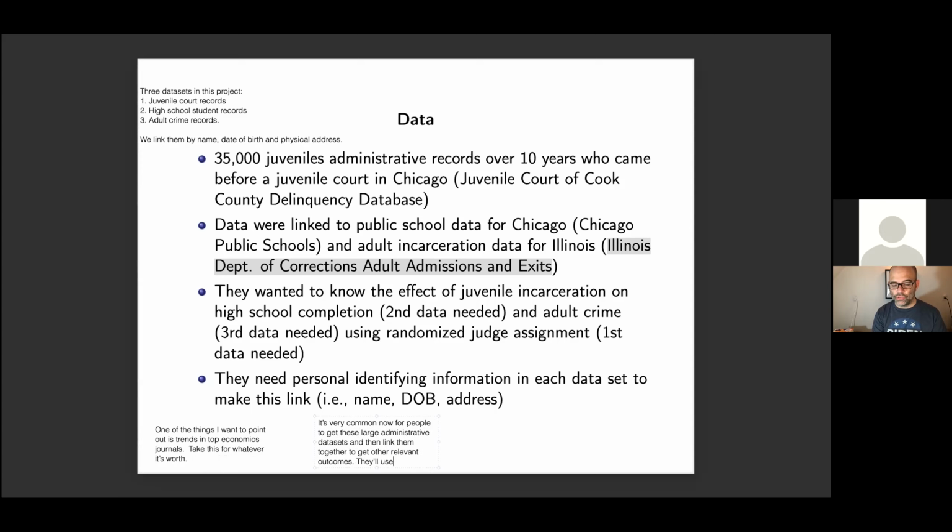They'll use personal identifying information that is common to all databases for this linkage. So you'll see incarceration's effect on earnings, for instance, because they linked incarceration records with earnings and credit history.